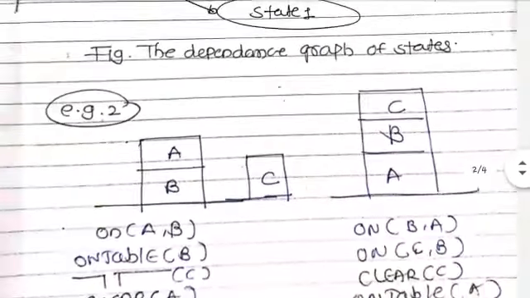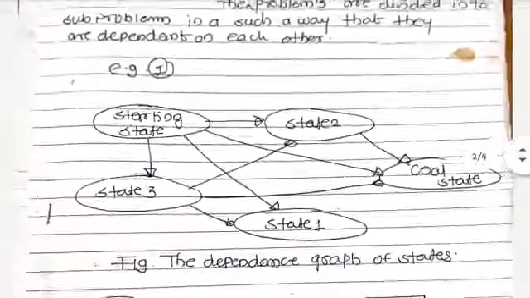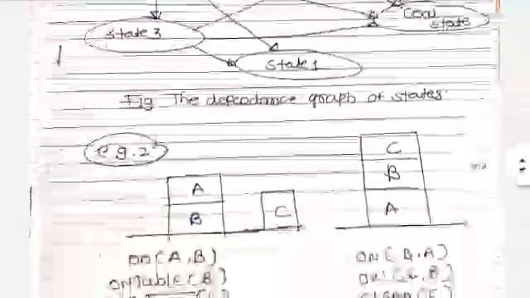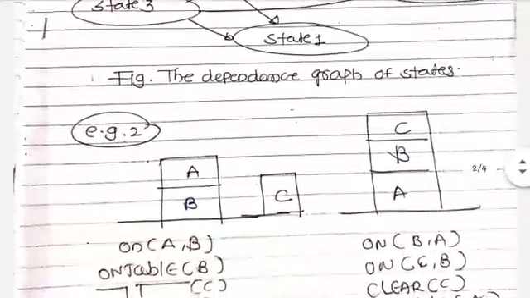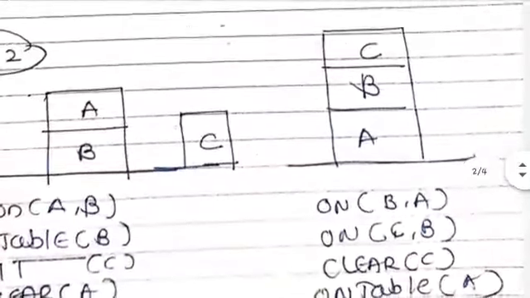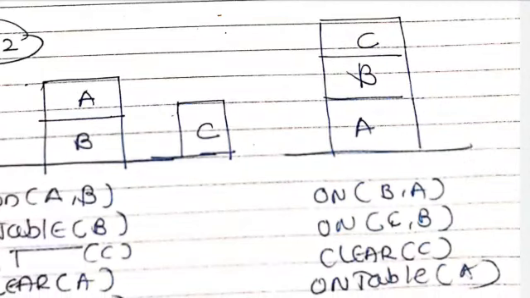So if we go through our concept, non-linear planning, we have to divide this into different groups. If we want to reach our destination A, B, C, we have to unstack A from B, which means we put A on the table.